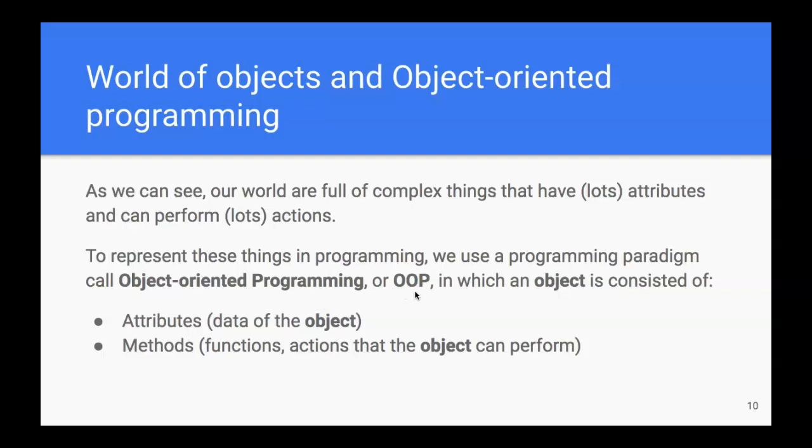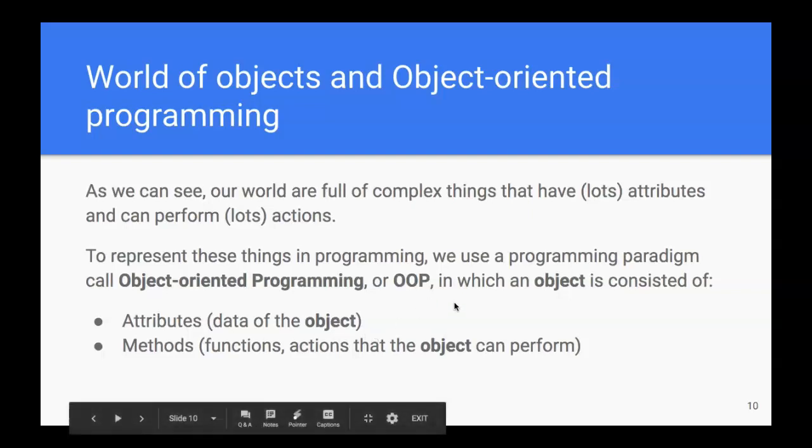In this paradigm, an object consists of basically two sets of things. The first thing, as we already talked about, is attributes. These are basically the data, the information of the object, right? We've seen examples of that for a car: the brand, model, year, price, etc. And then an object can also have a collection of methods.